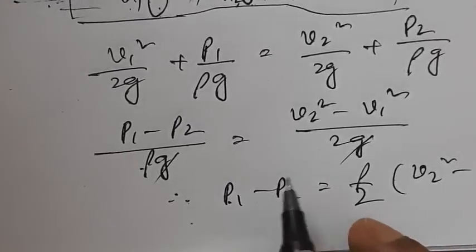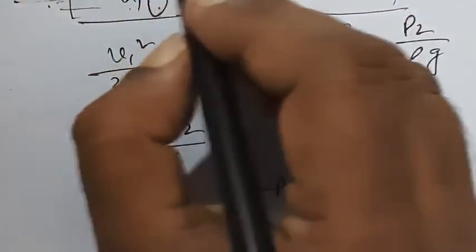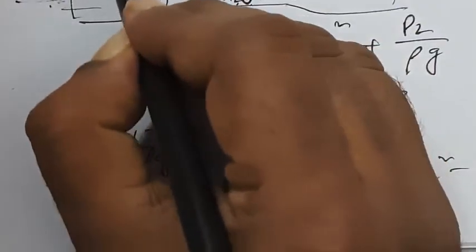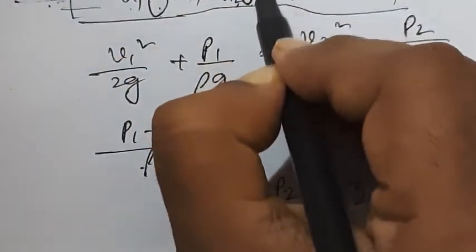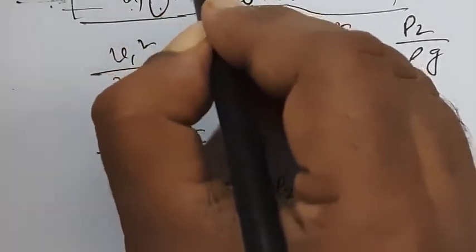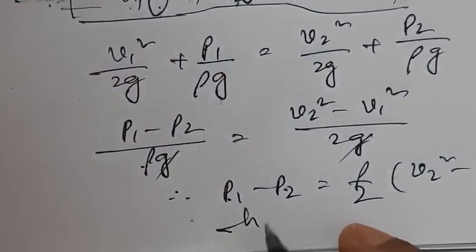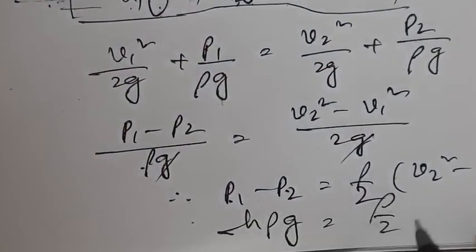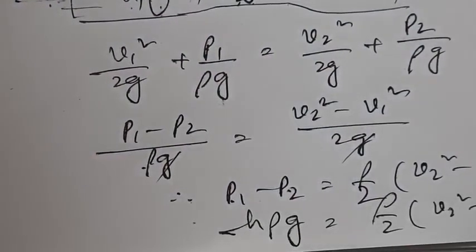So P1 minus P2: this was height h1, this was height h2. The difference in the height is h. So you can write h rho g is equal to rho by 2 times (V2 square minus V1 square).